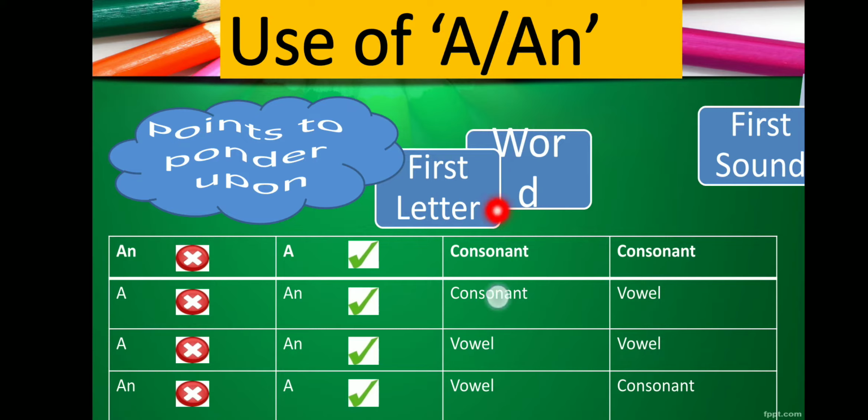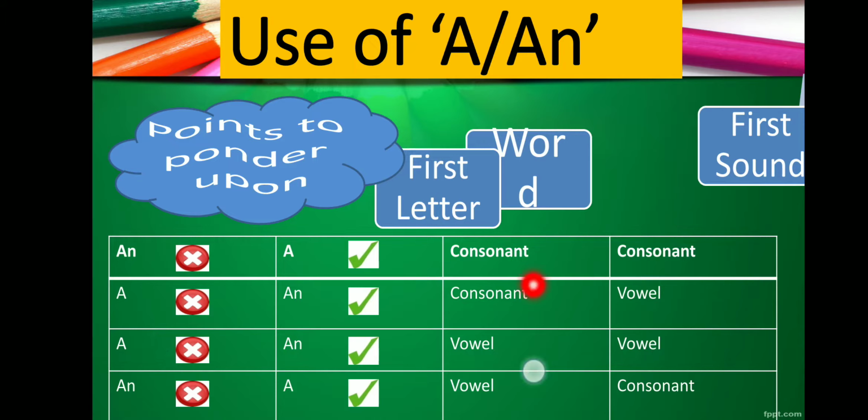If your word's first letter is a consonant and the first sound is also a consonant, then we will use article a. If the first letter of any word is a consonant but the first sound of that word is a vowel, then we will use article an, not a.